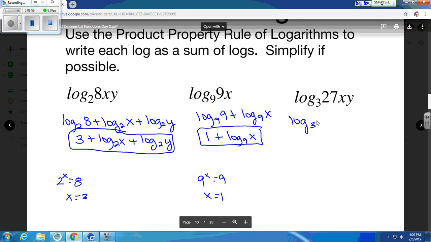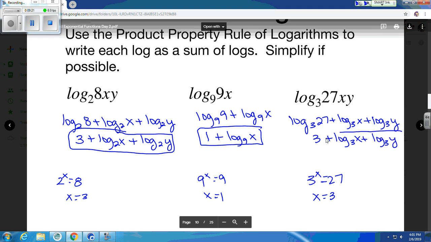The last one, log base 3 of 27 plus log base 3 of x plus log base 3 of y. 3 to what power gives me 27? The answer is 3. So I now have the answer 3 plus log base 3 of x plus log base 3 of y.